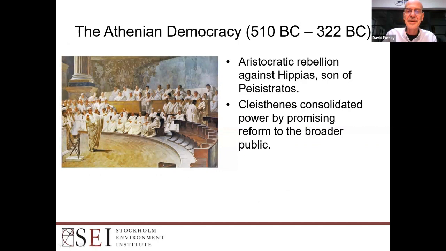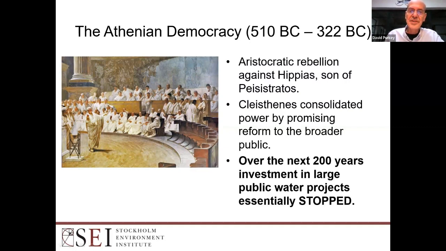Historians vary, as I said, as to whether the heavy tax burden that was imposed to construct the aqueduct was one of the reasons that the citizens revolted and created the Athenian democracy and overthrew the tyrant of Athens. But the fact of the matter remains that in Athens, over the next 200 years, large water projects essentially stopped. And I think many of you can understand this.